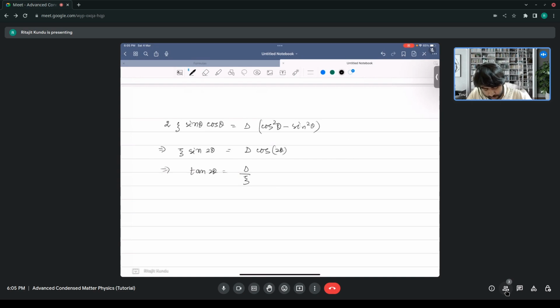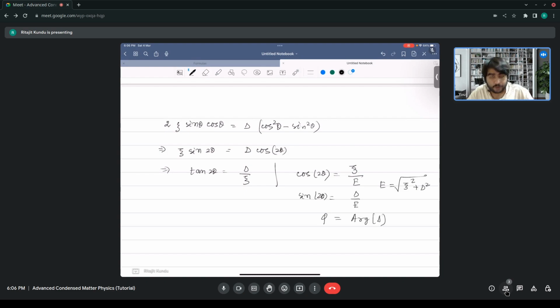If I know this tan 2 theta, then from the trigonometric identities we can write what the cosine of 2 theta is: xi by E, and sine of 2 theta is delta by E, where E is given by the square root of xi squared plus the magnitude of delta squared, and also phi is the argument of delta.